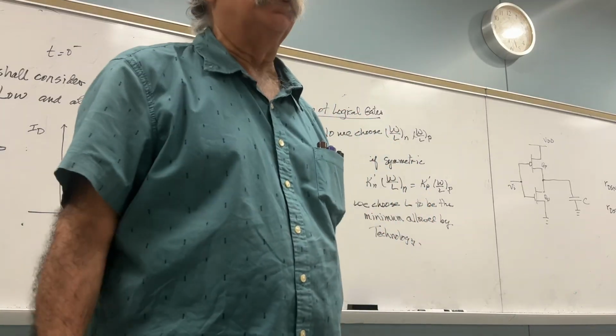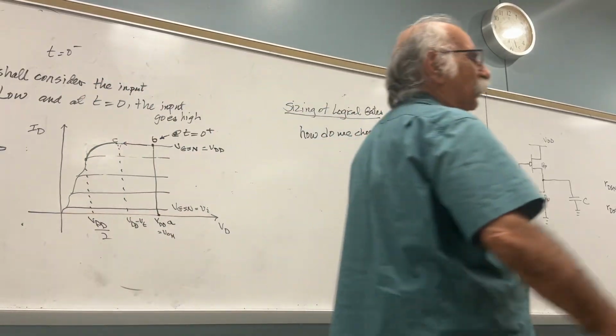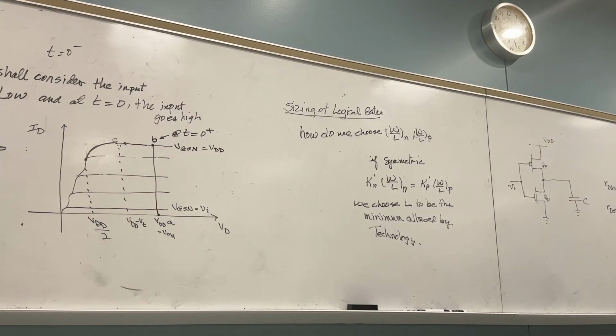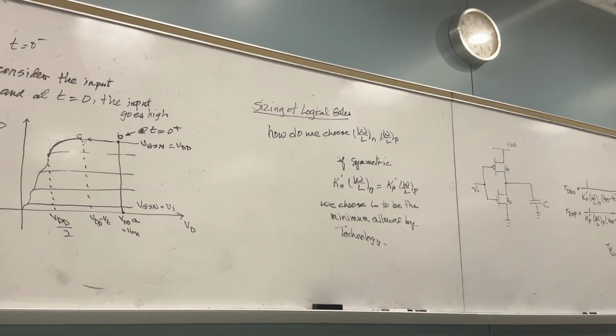Did you get it or not? For example, they tell you 90 nanometer CMOS. What is that 90 nanometer?